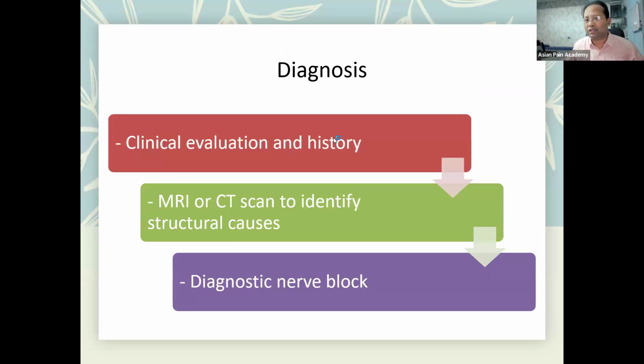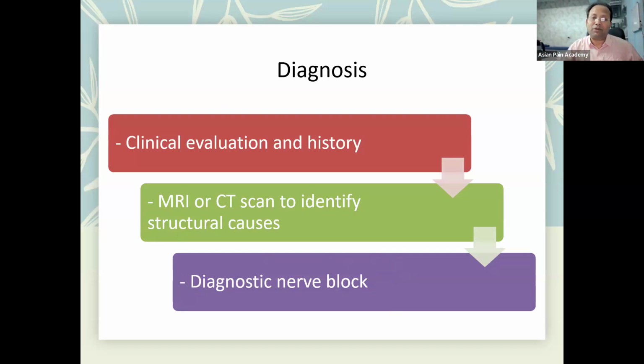Diagnosis, so clinical evaluation and history taking gives us a gross diagnosis immediately. And then MRI, CT scan to identify structural causes and diagnostic nerve block. So this is also very important, diagnostic nerve block. Because I will say that glossopharyngeal neuralgia is very satisfying for treatment, because patient gets a very good relief.